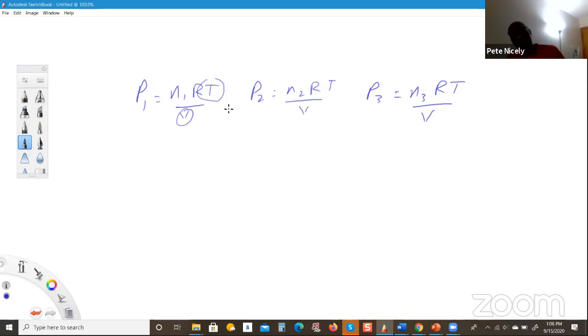If they're in the same container, the temperature and the volume would be the same. So the only thing that would be different between the gases is the number of moles, and therefore the pressure would be different as a result.